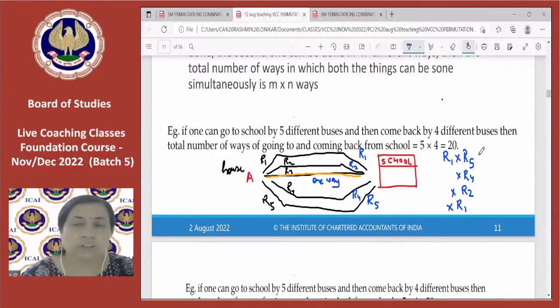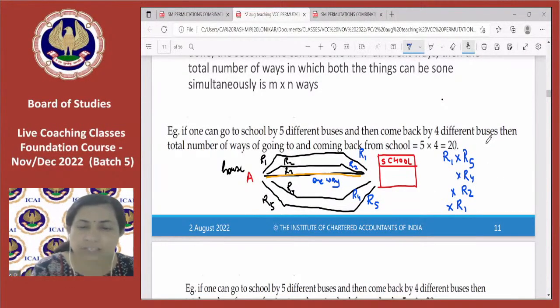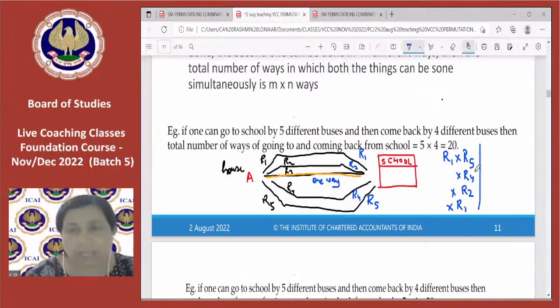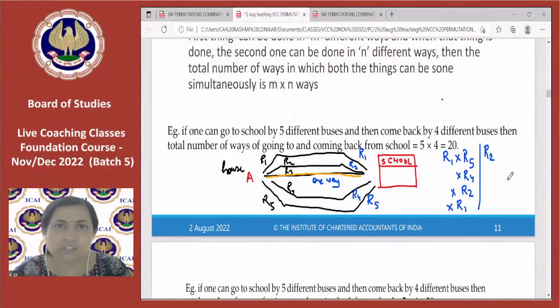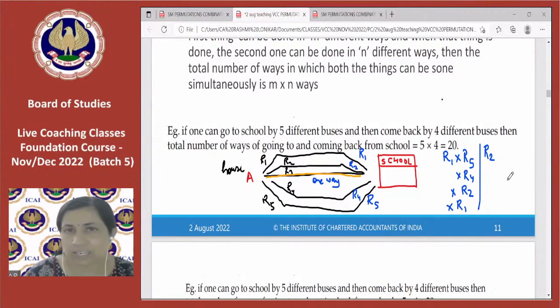And this is when he goes by R1. Similarly, while going, he may use R2, and again he can come back by these many routes. So what this implies is that there are 5 bus routes he can take while going, and while coming back, he can take only 4.